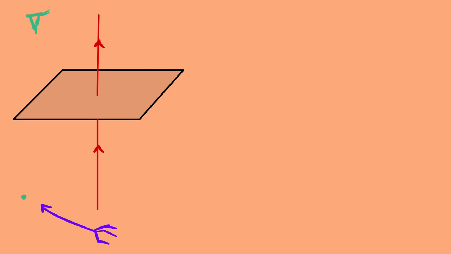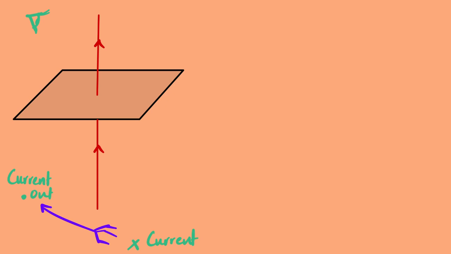And if you're looking at the current from the other side, this is going to be going into the page. So these are symbols that we use: current into the plane of the page or into the plane of the screen that you're watching this on. So this is current out, and this is current in.